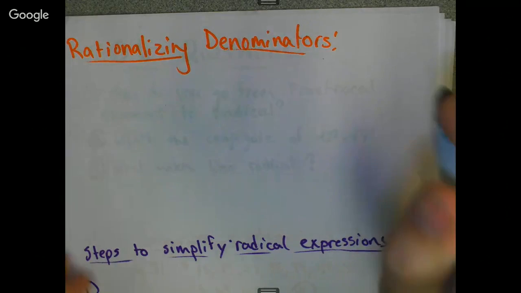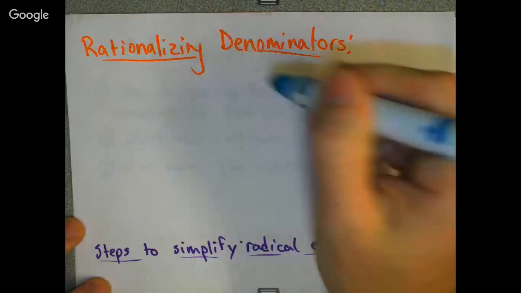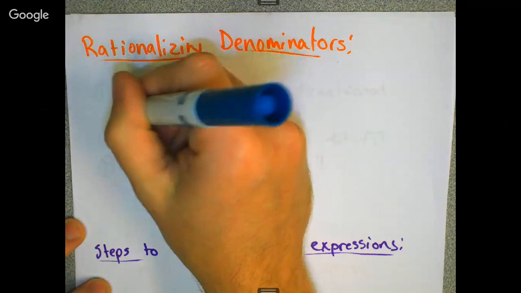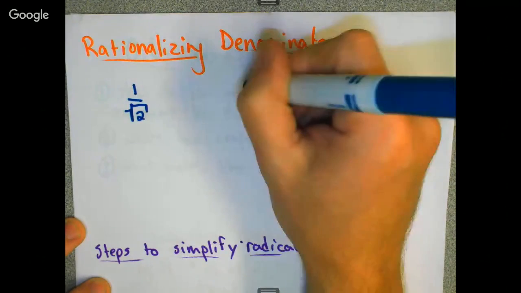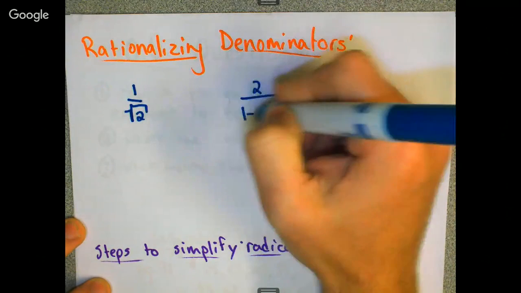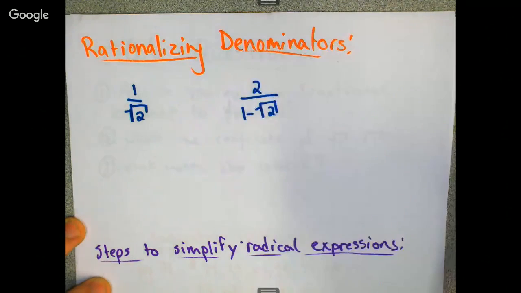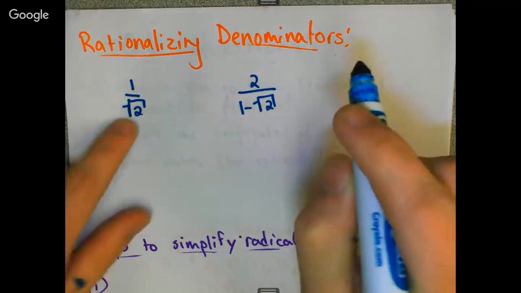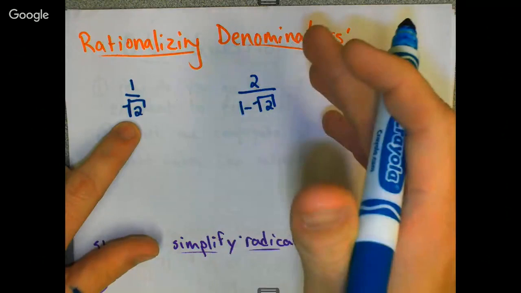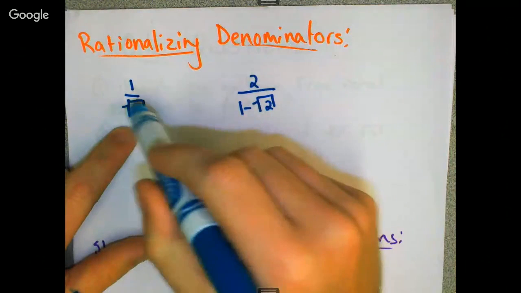I'll do two examples here: a simple 1 over square root of 2, and 2 over 1 minus square root of 2. In order to get rid of this radical on the bottom, I'm going to have to multiply it by something that will help me get rid of it.